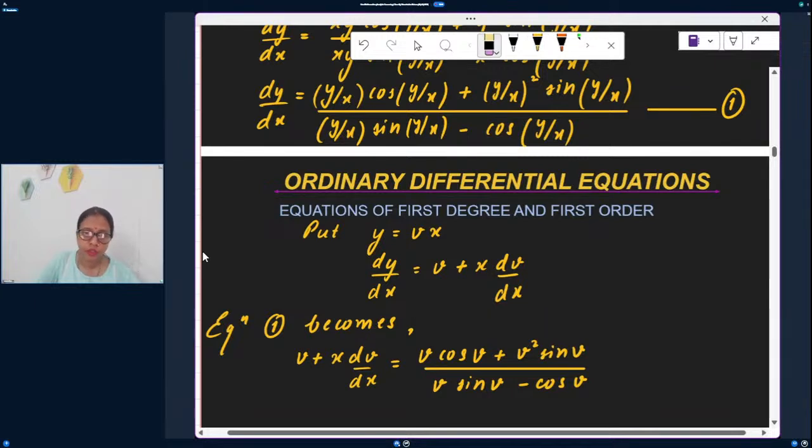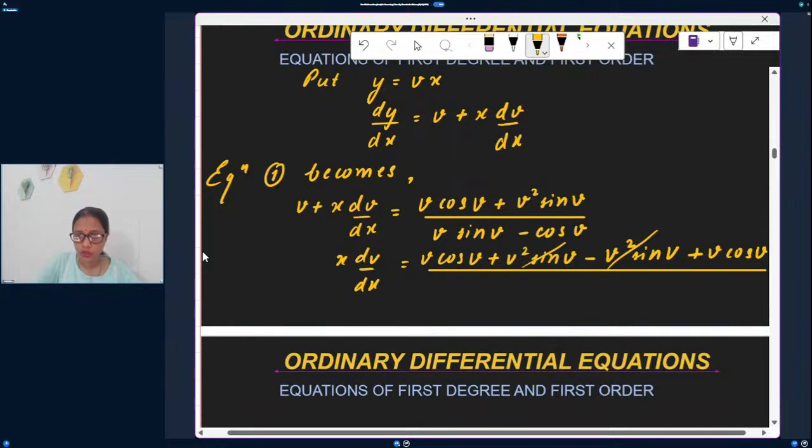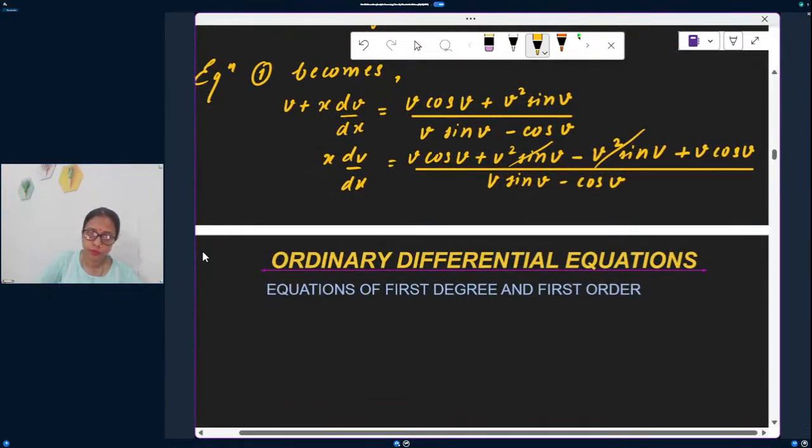Let's take this v this side, so it's x dv by dx is equals to v cos v plus v square sine v minus v square sine v plus v cos v, cancel, divided by v sine v minus cos v. So x dv by dx is equals to 2v cos v divided by v sine v minus cos v.